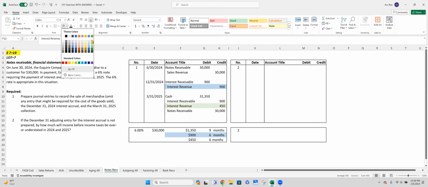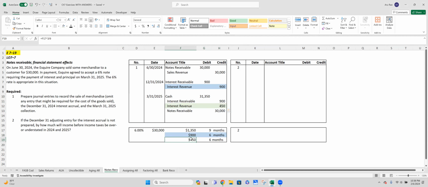And that is, it's 3 months, not 6 months. I recognize that on March 31st. Total interest revenue is $1,350. That customer is not going to pay me interest for more than 9 months. I can recognize a total of $1,350. It's a matter of when I recognize it. So accrual accounting says I should recognize 900 on December 31st and the remaining 450 on March 31st of the next year.